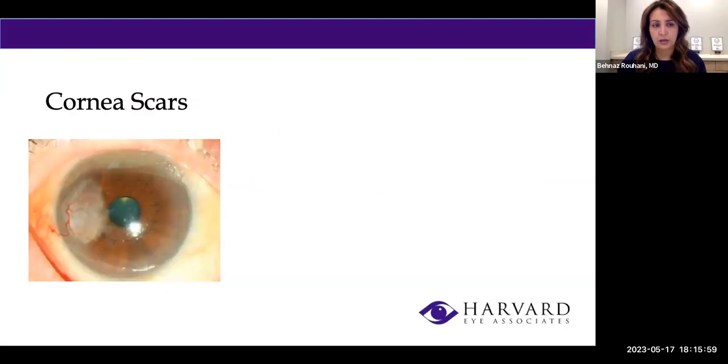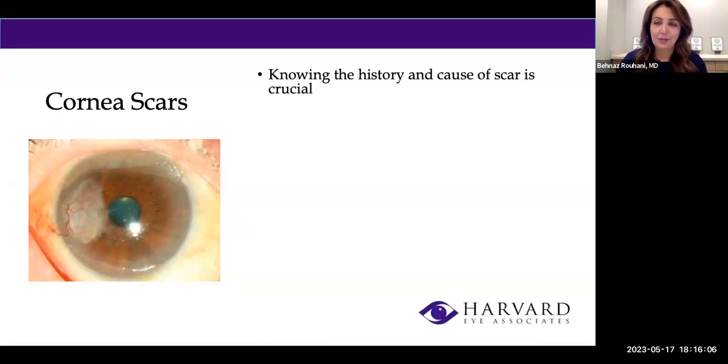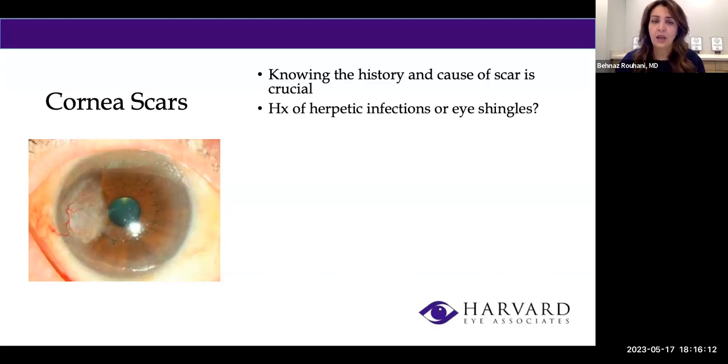Corneal scars are important to be evaluated. Knowing the history, not only medical history but eye history, is very important and very crucial before we move on with surgery.